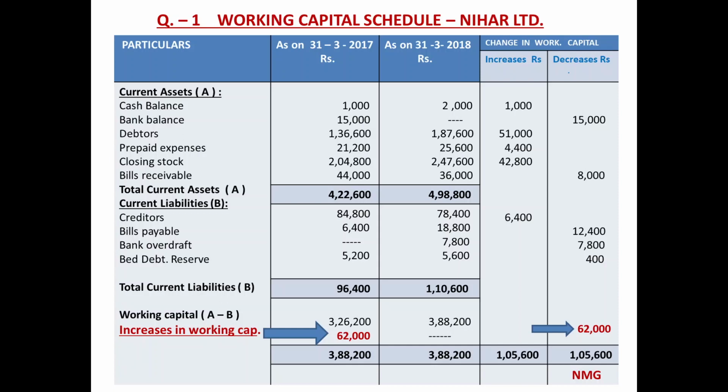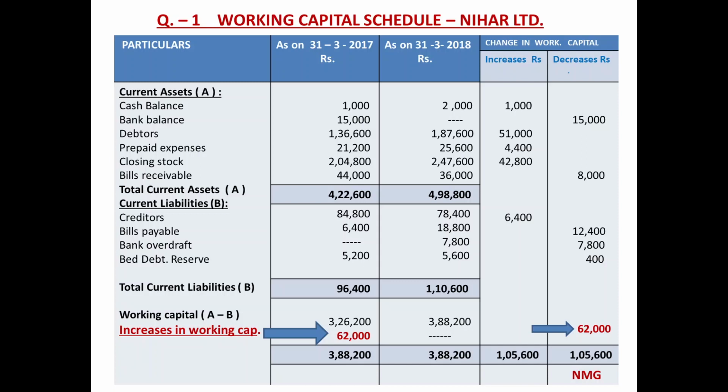It's a negative relationship with working capital. So a decrease in creditors, that is a decrease in current liabilities, increases the working capital. So we have reported 6,400 in the increases column of working capital. In this way, report one by one all the components of the current liabilities.